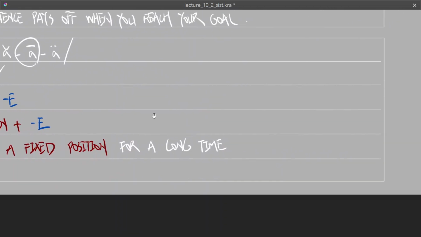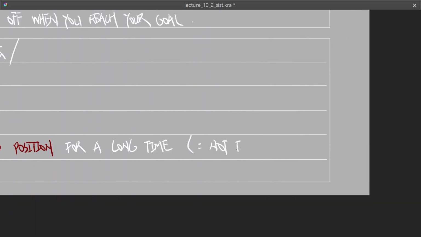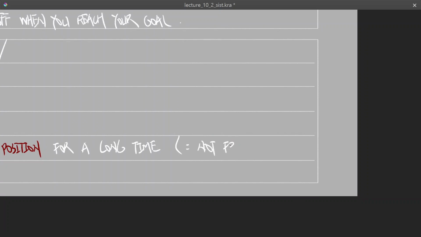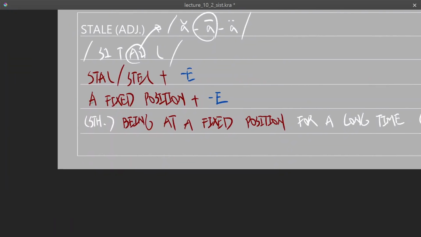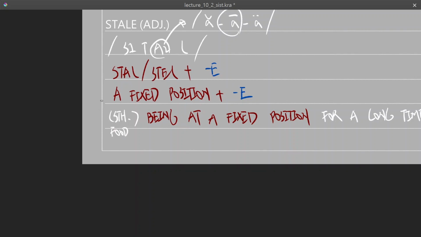Cool. So what that means is that it's not fresh. If you use that to describe food, the food is not fresh. So something will be food, any edible stuff.